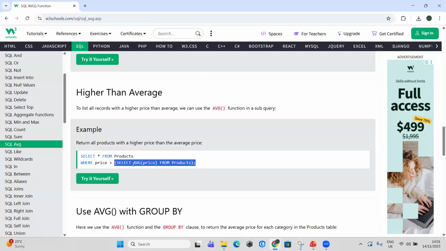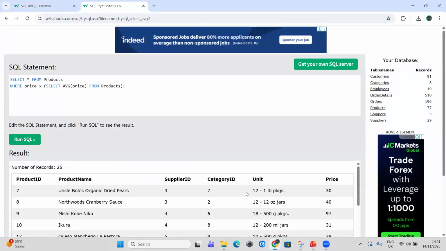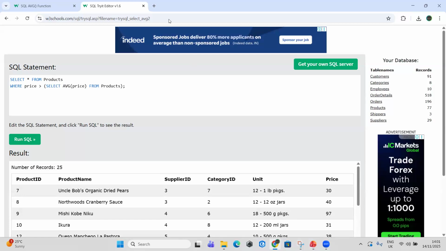Select average price, so it will calculate the average price of every product. So this will be replaced by the average price. Now select everything from products where the price of the item is greater than the average price. Okay, the average price was something like 28.8, right? So now I have everything that has price greater than 30 or 28. Okay.